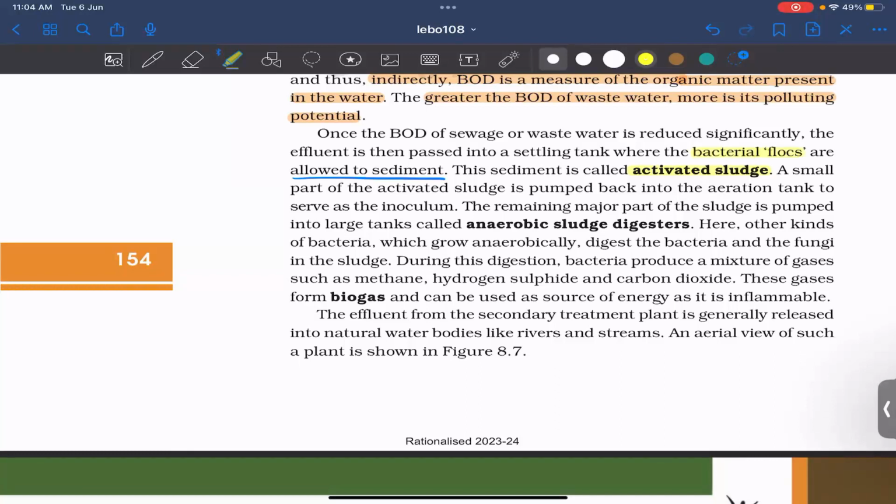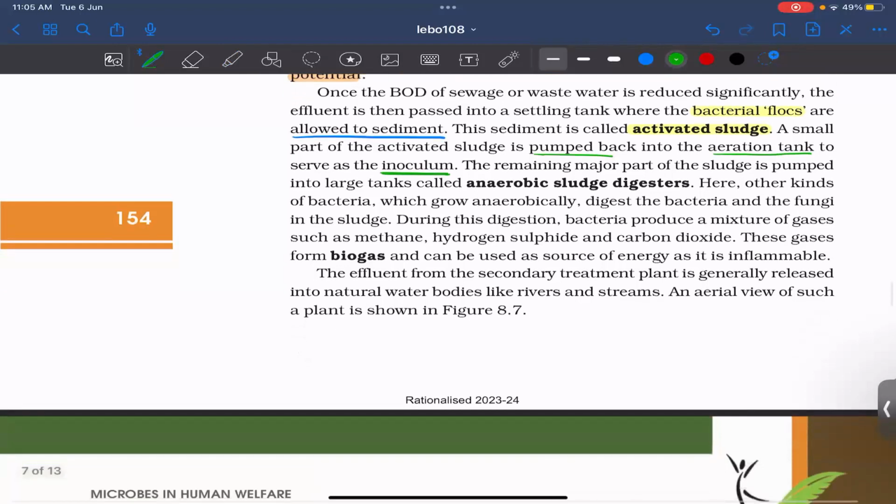Now, some part of the activated sludge is pumped back to the aeration tank to serve as inoculum. As we studied in the formation of curd, an inoculum is always needed to start the process. The remaining part of the sludge is pumped into large tanks called anaerobic sludge digesters.